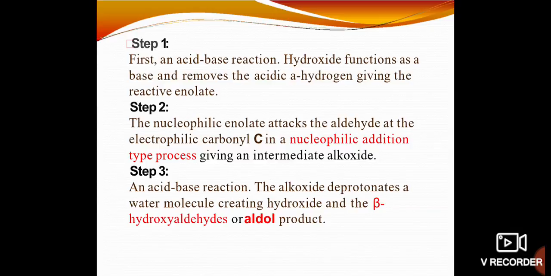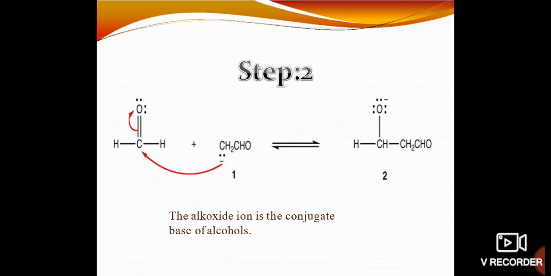Here it forms an enolate. When we are writing the structure, it is having the negative charge. That negatively charged carbon atom attacks the positively charged or electrophilic carbonyl carbon to form an alkoxide ion.